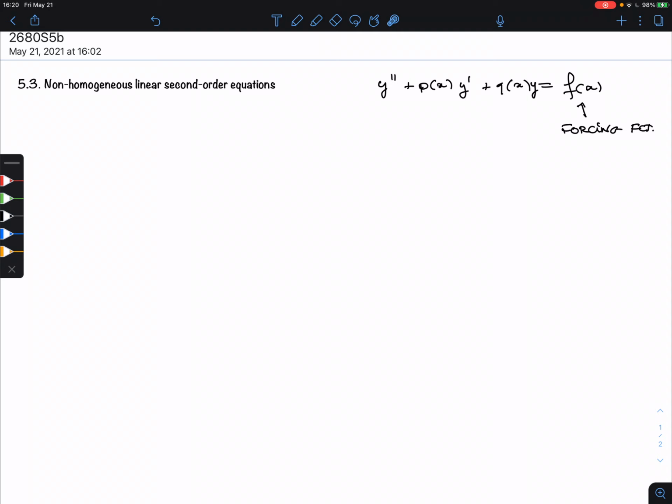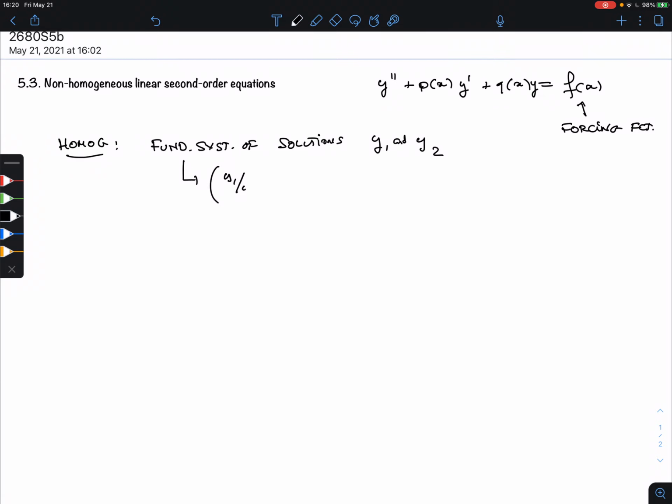So I remind you, for the homogeneous equation, we had this fundamental system of solutions. You know that it existed, and it's just two, y1 and y2. Fundamental here means that y1 over y2 is not a constant.